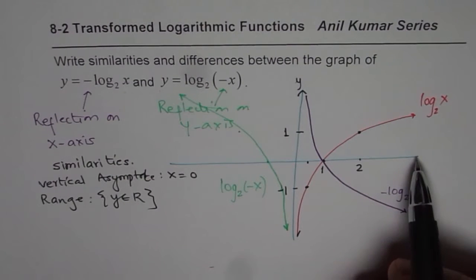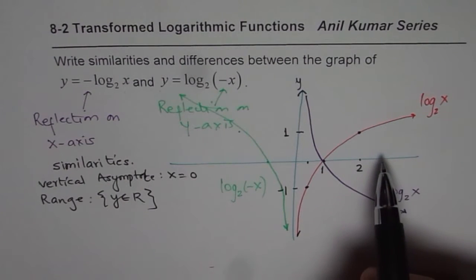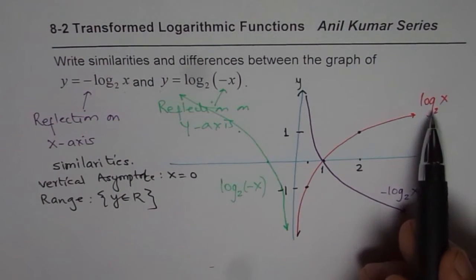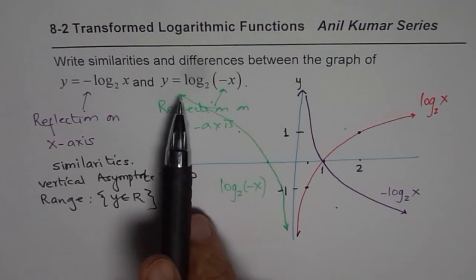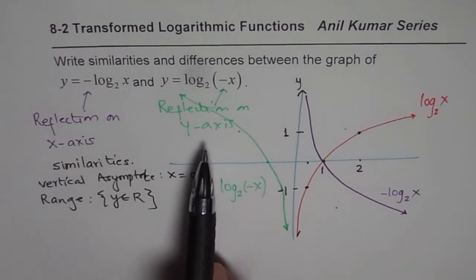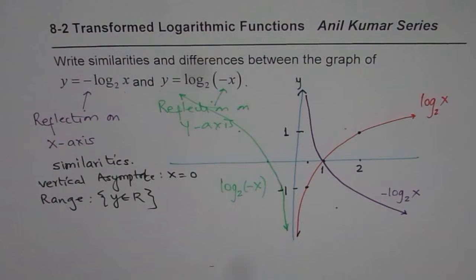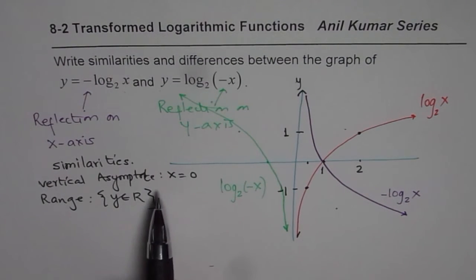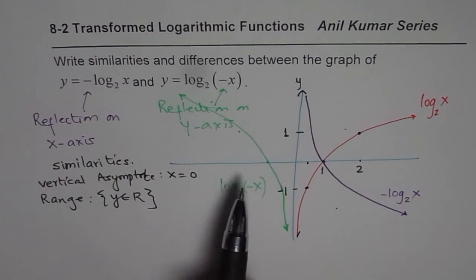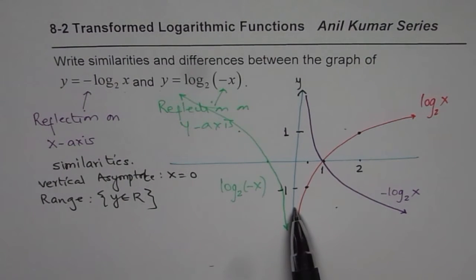When x approaches infinity, well, you can say log 2 of x is in quadrants 1 and 4, whereas log 2 of minus x is in quadrants 2 and 3, right? So likewise, you can write a lot of other differences, but as far as similarities go, these are two very good similarities to take care of. One is that the vertical asymptote is x equals 0, the y-axis, and the other one is that the range is all real numbers, correct?